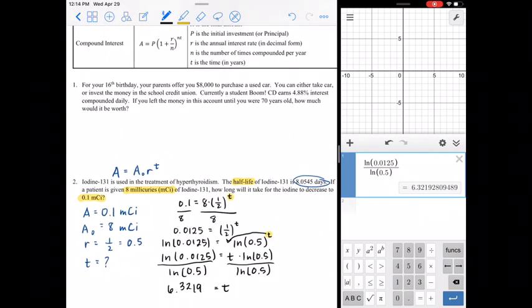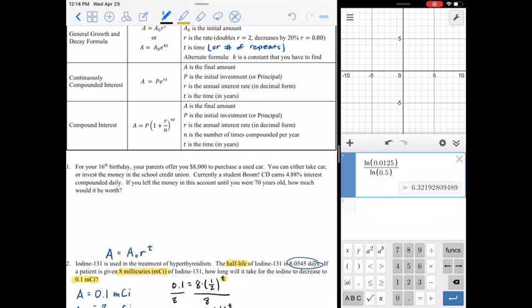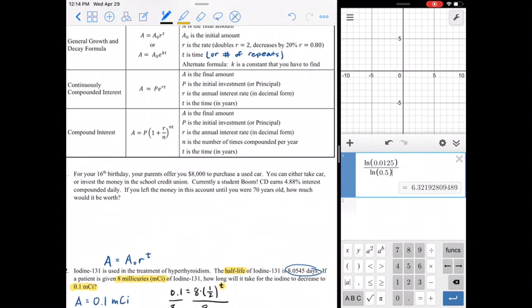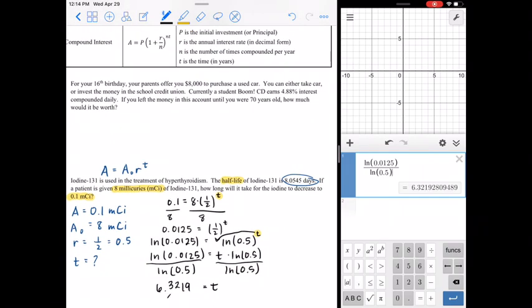In this case, our t is the number of repeats, the number of times that we're halving to get to 0.1 MCI. Let's answer it in terms of days, right? So this is the number of repeated cycles.